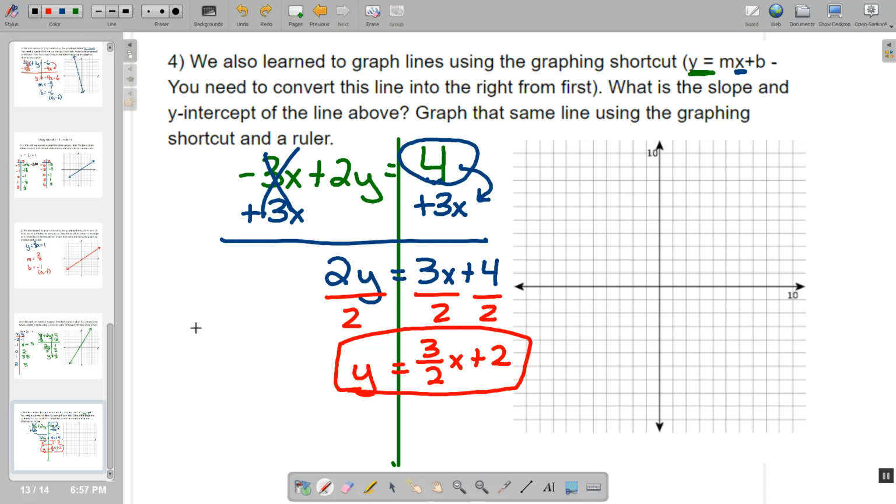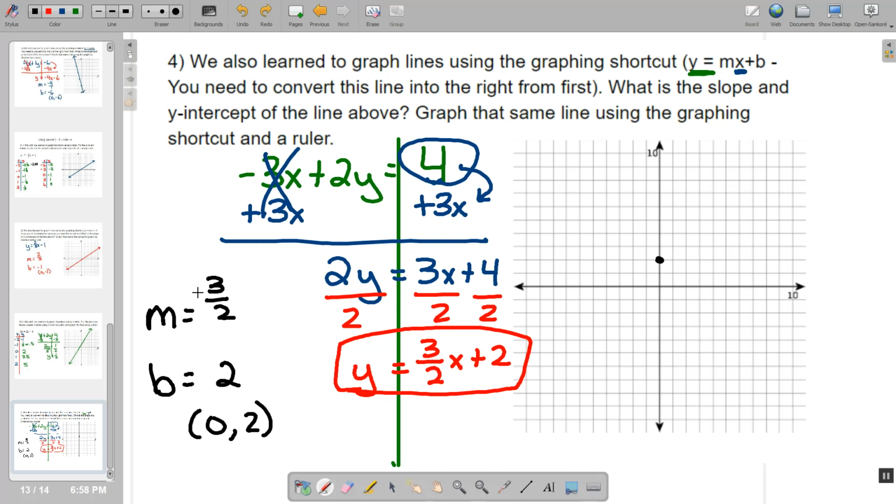To do the graphing shortcut, though, I need the slope and the y-intercept. My slope is 3 over 2, and my y-intercept is 2, or 0, comma 2. If I graph 0, comma 2, I go right here.